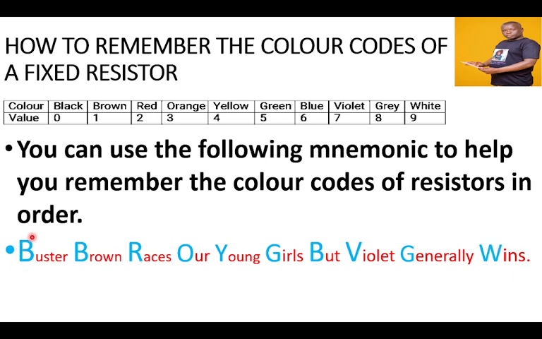So by doing that, you have listed all the colors from black to white. The rest you just substitute the values, placing the values under each of the letters, in order to assign each color a unique value.